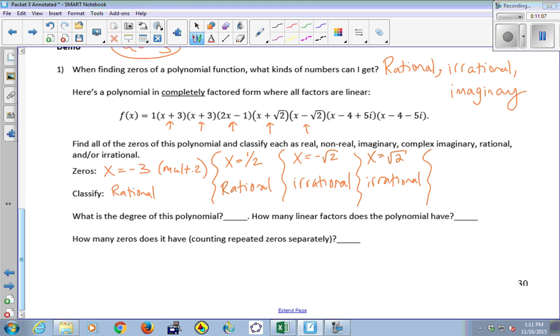x minus 4 plus 5i. What's my 0? 4 minus 5i. What kind of number is that? It's a complex number and it has an imaginary part. So we say complex imaginary.